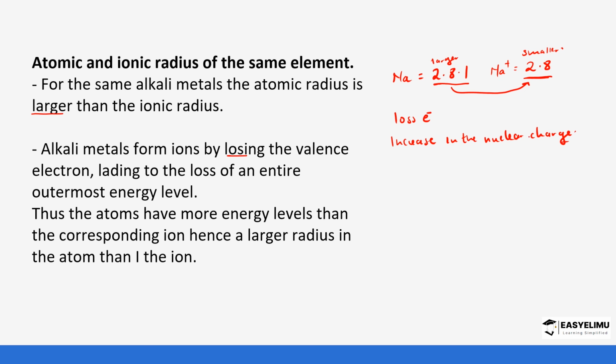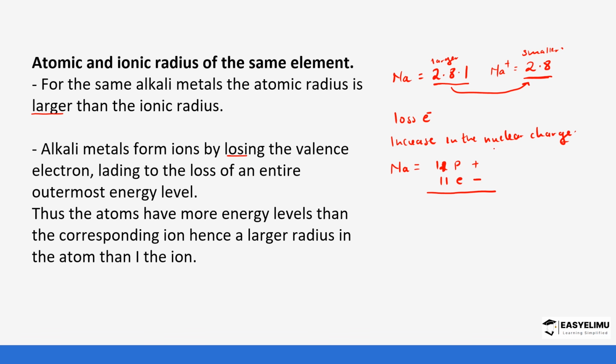Let's take, for example, the sodium atom that we had, a neutral atom. It has 11 protons in the nucleus, which are positively charged, and 11 electrons, which are negatively charged, on the energy shells. So it is neutral, meaning the number of protons and electrons cancel out each other. They are equal in nature.